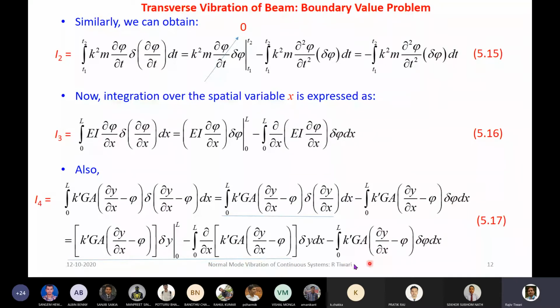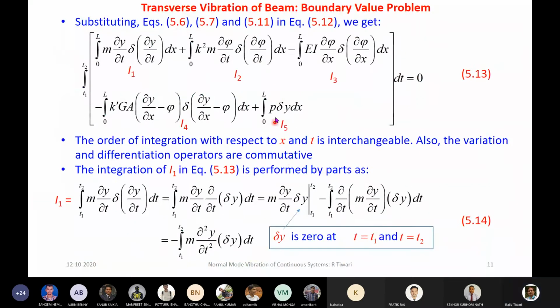Out of three terms, the second and the third terms will have double integration, because we have the outside time integration. This one we don't have the integration with respect to x, so only the time integration will come on this. So this term and the previous I3 term are having single integration. The rest of the terms are having double integration.